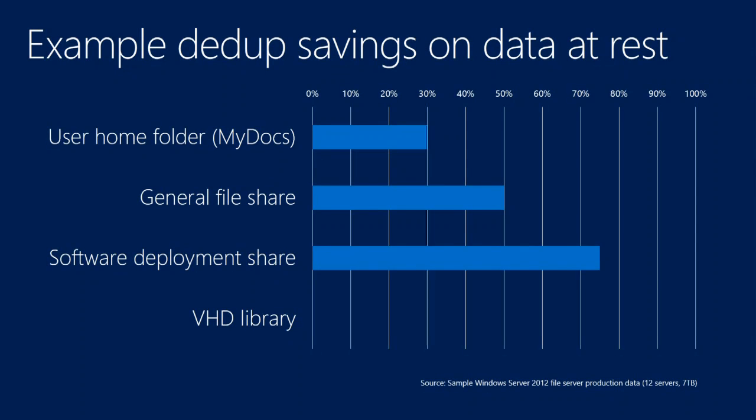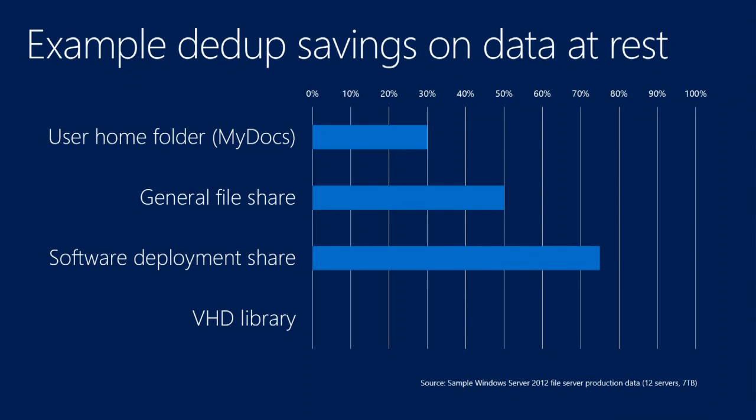But when you clump all file shares together in an enterprise and go look at the aggregate savings across all the file servers, that tends to be a little bit higher, more like 50%. Not bad. Half of your capacity is now freed up. For specialized kinds of operations, you can find higher deduplication rates.